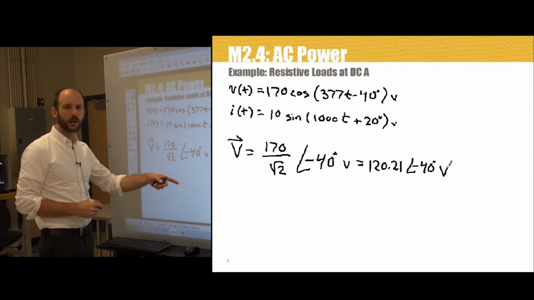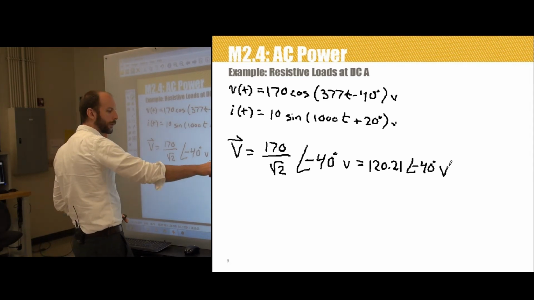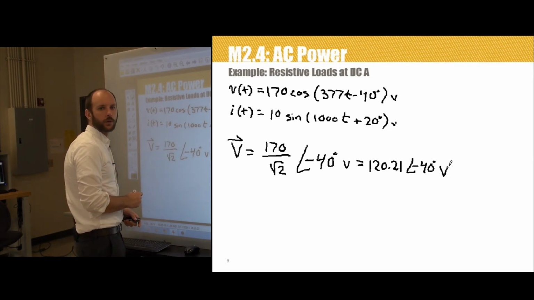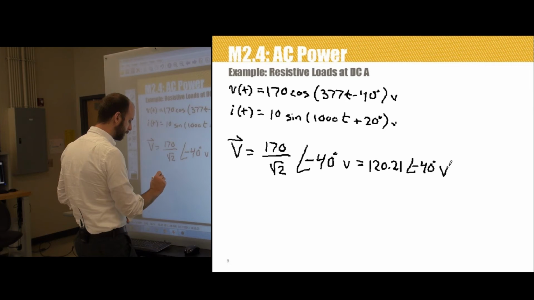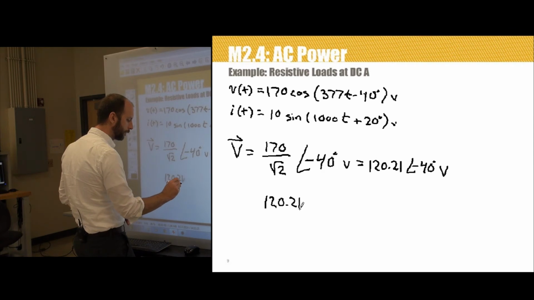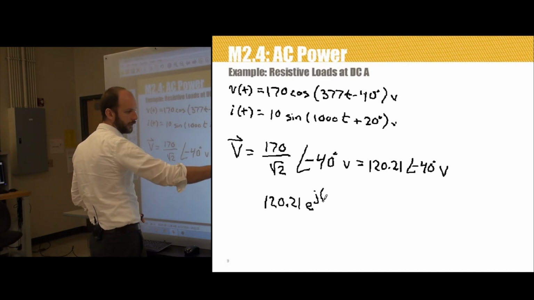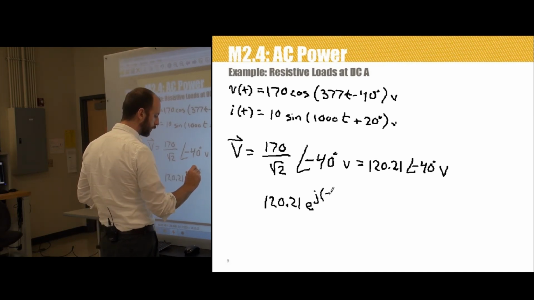If I want to write that in its exponential form, remember it's just the RMS value e to the j phi. So in this case, it's going to be 120.21 e to the j, where phi is negative 40 degrees.